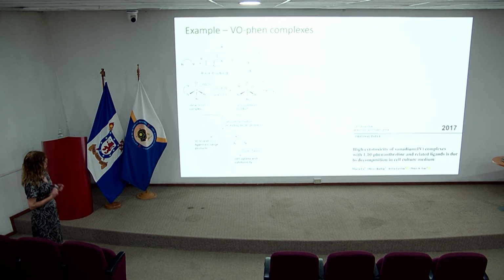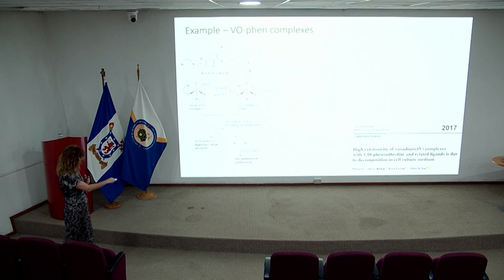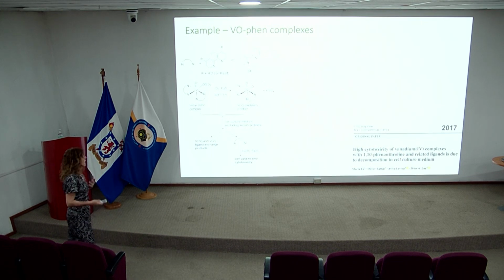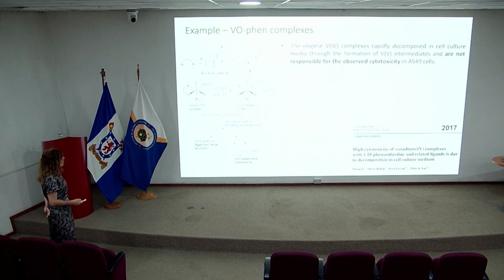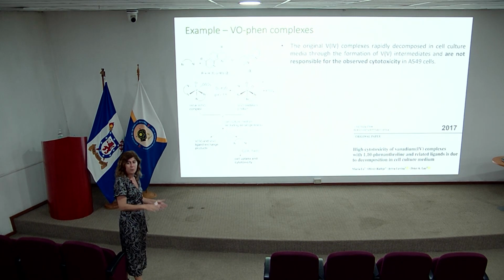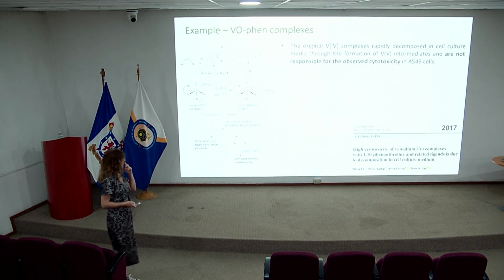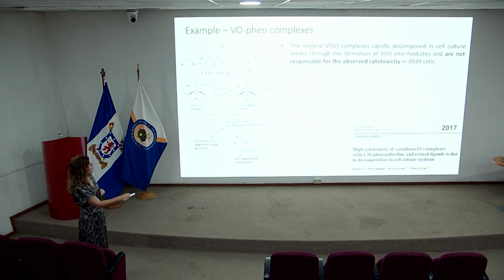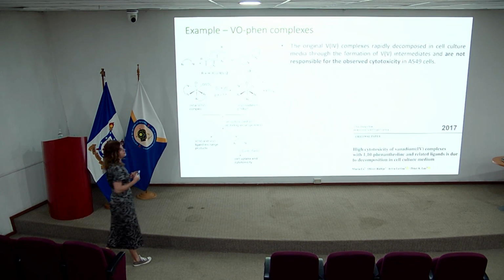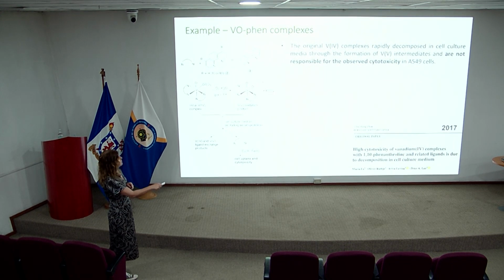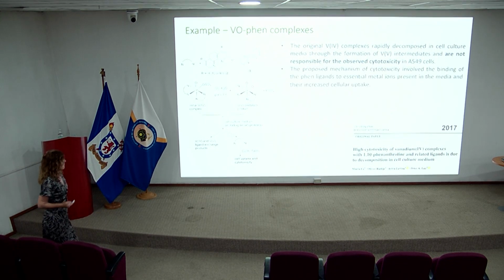So these authors concluded, by doing studies in cell culture medium in the presence of serum proteins like albumin and transferrin, that the vanadium complexes, where vanadium 4 easily oxidizes to vanadium 5, showed rapid decomposition in cell culture media, and so they concluded it's not the vanadium 4 complex which is responsible for the cytotoxicity in lung cancer cells.